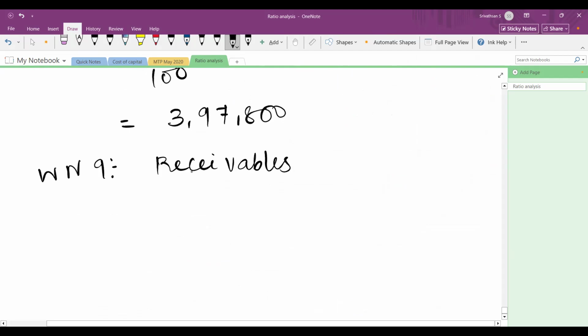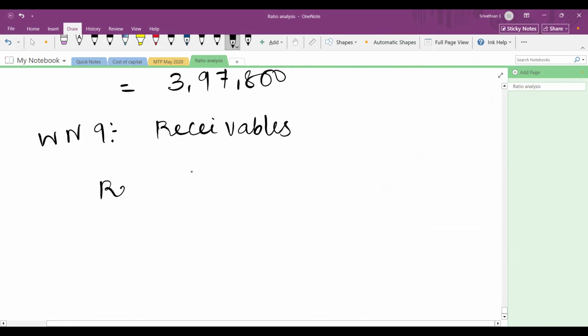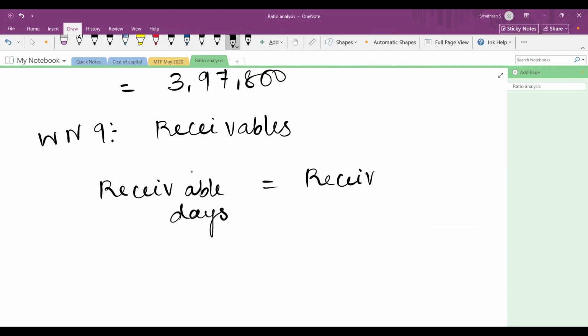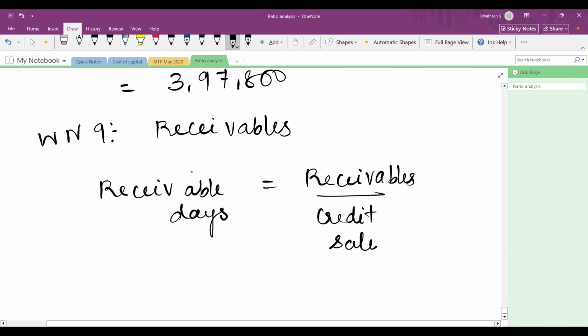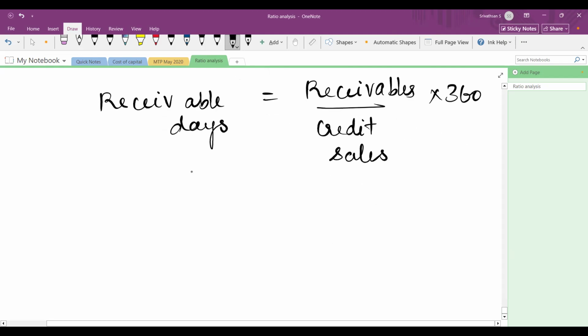What is the formula for receivable days or debtors velocity? Receivable days is equal to receivables into 360 by credit sales. In this question, it is mentioned that all the sales are on credit basis. So receivable days is how much? 60 days, right?